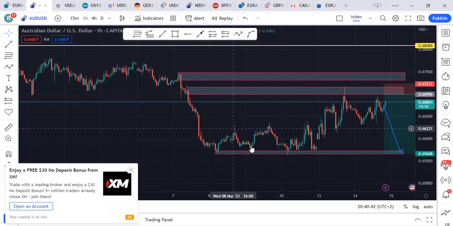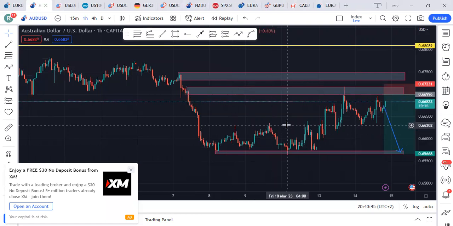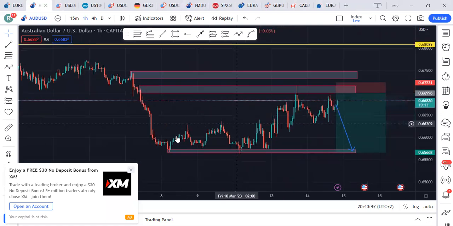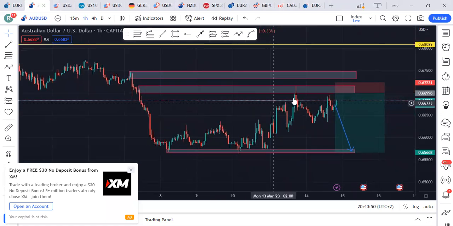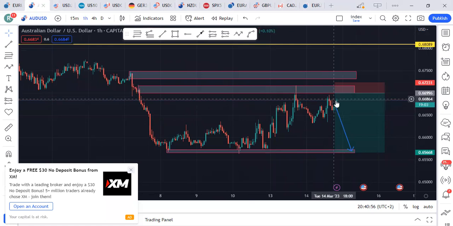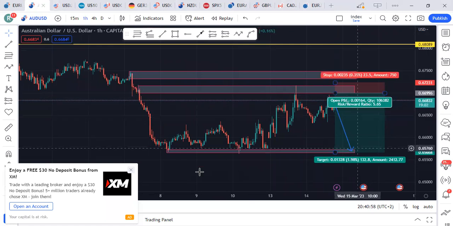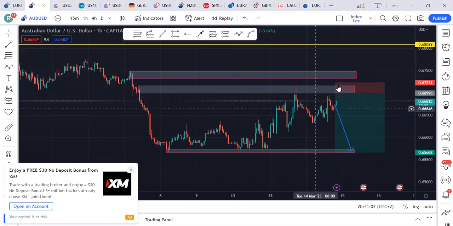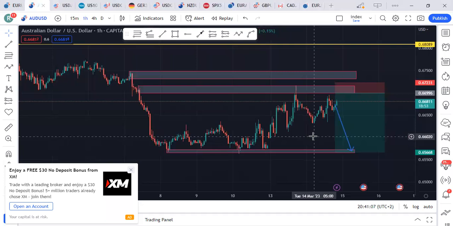We saw a bounce there. I think we do have a solid support for now, but this looked like a very beautiful retracement. So on an hourly time frame, looking to go short on AUD/USD all the way down to 0.65668 with a stop loss of 0.67231. Now, where to enter this market?